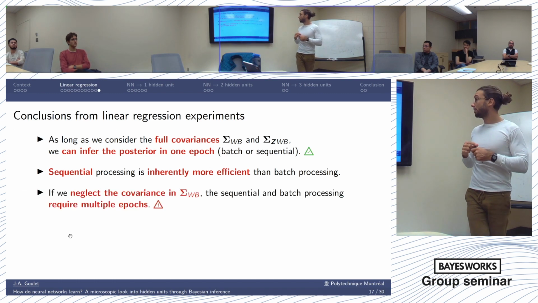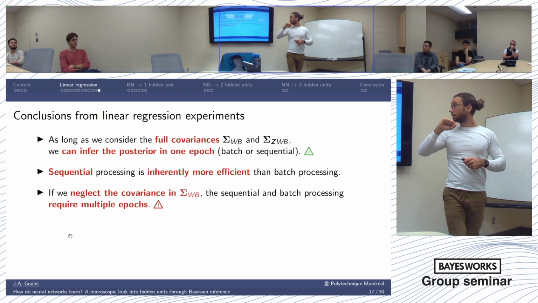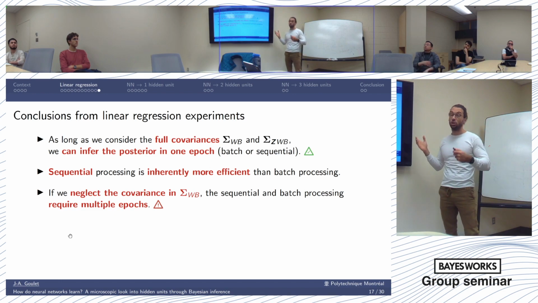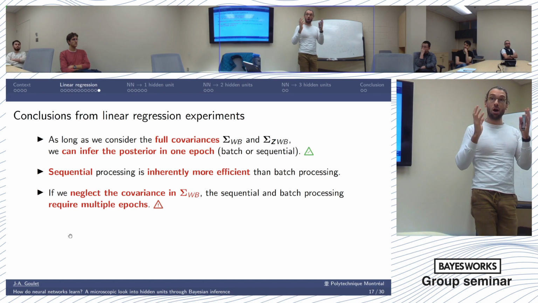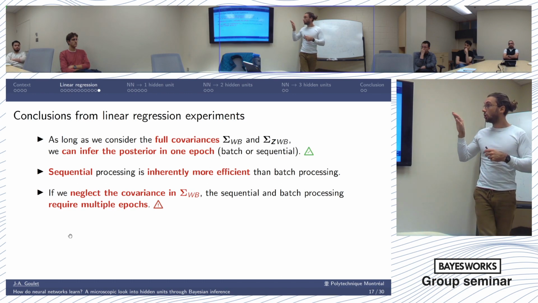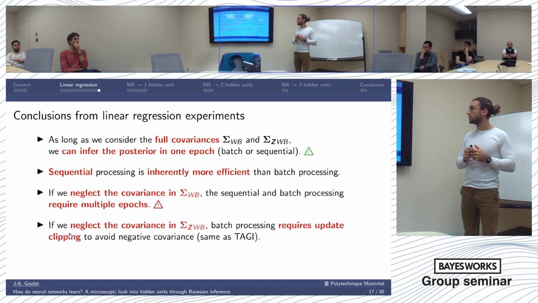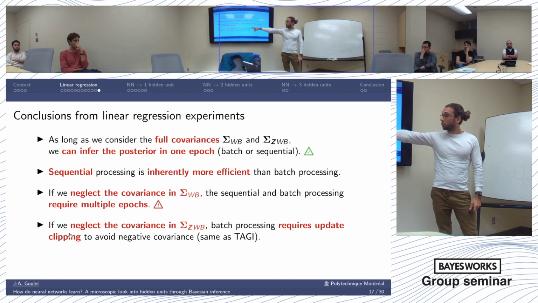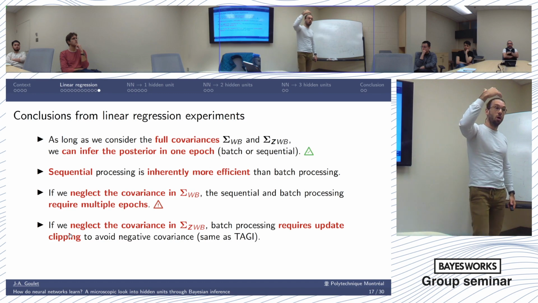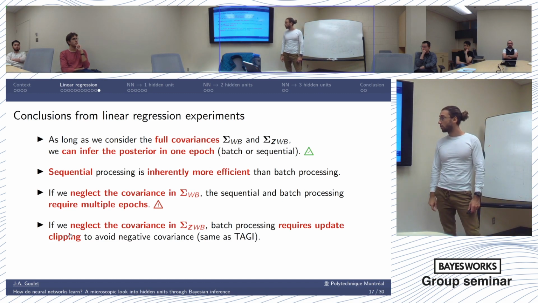If we neglect the covariance for the parameters, then sequential and batch processing will require multiple epochs. So as soon as we neglect the parameter covariance, the parameter correlation, we're going to need multiple epochs. We can't get away with a single epoch. And whenever we neglect the covariance between sigma z and our parameters, in the case where we want to do batch processing, we're going to require update clipping.